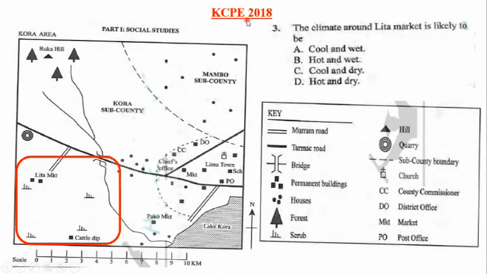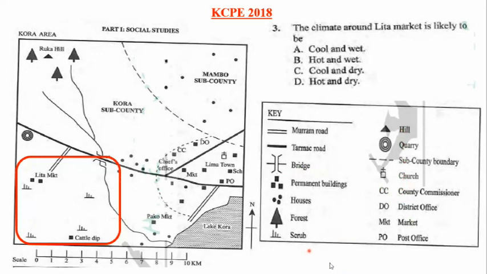KCPE 2018, that question was number 3. The climate around Lita Market is likely to be what? Lita Market is here. Look at this vegetation. Get the answer of the vegetation from the key, you see?